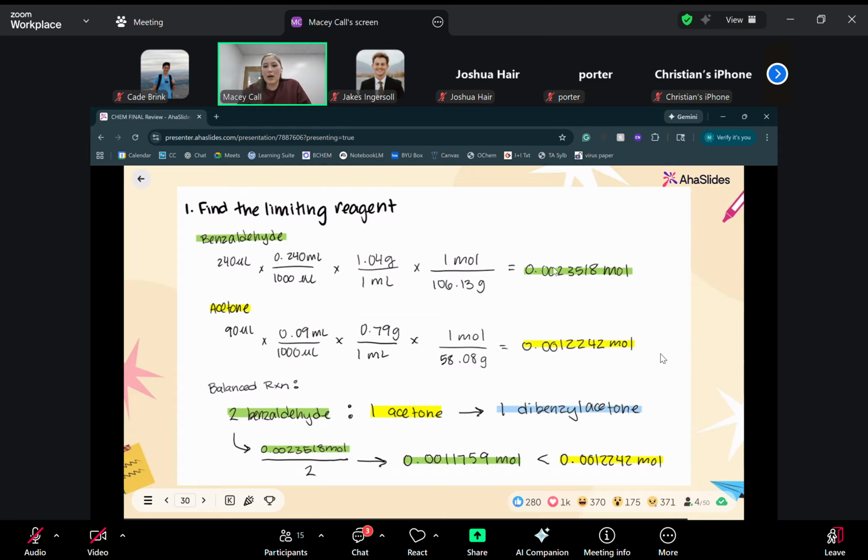So I need to divide this number that I found here, 0.0023518, by 2 to get the ratio, right? So then I end up with 0.0011759, which is in fact smaller than my moles of acetone. So that tells me that benzaldehyde is my limiting reagent. Okay, does anyone have any questions with that step?